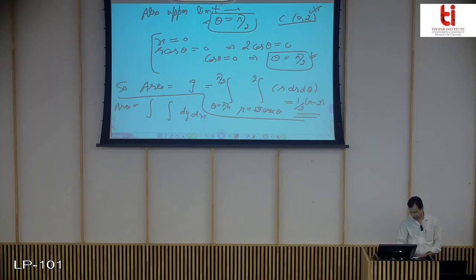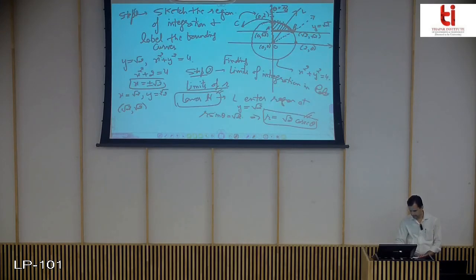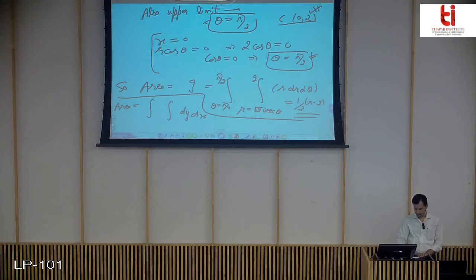I am writing dy dx, let me see if I can do it here or not. This is y equals root 2. This is the region of integration. And this is x square plus y square equals 4.